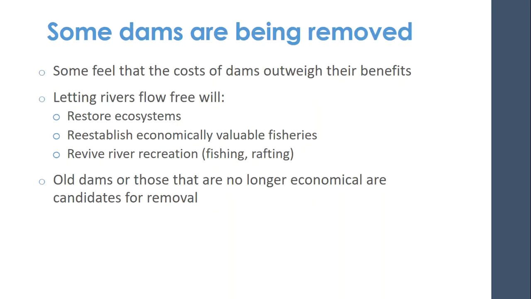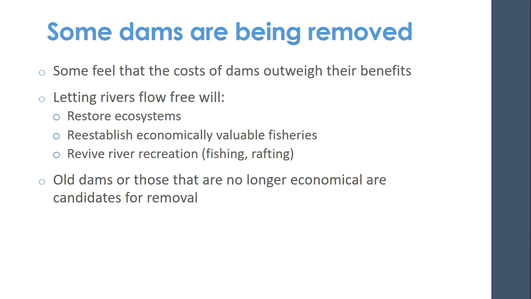Some dams are being removed. Some people feel that the costs of dams outweigh their benefits. When you let rivers flow free, you can restore ecosystems, reestablish economically viable fisheries, and revive river recreation, specifically fishing and rafting or kayaking.